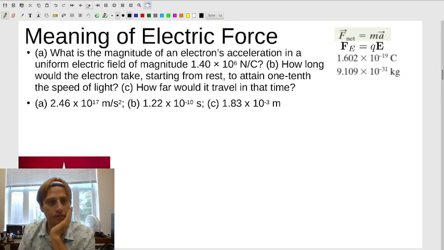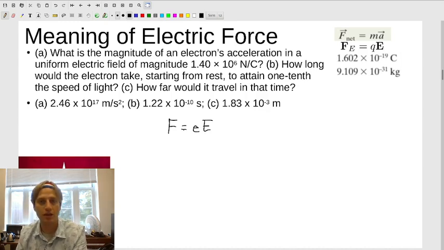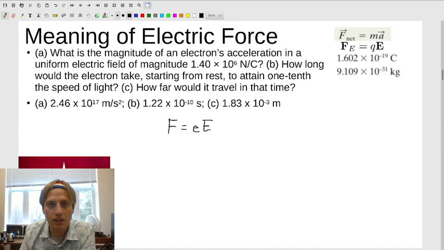Well, first off, we're asking, what is the magnitude of an electron's acceleration? Okay, I can use that the size of the electric force is going to be Q times E. So if I have an electron, the magnitude of the charge is just that fundamental charge, 1.602 times 10 to the minus 19th coulombs, and the E, the size of the E, they give me.